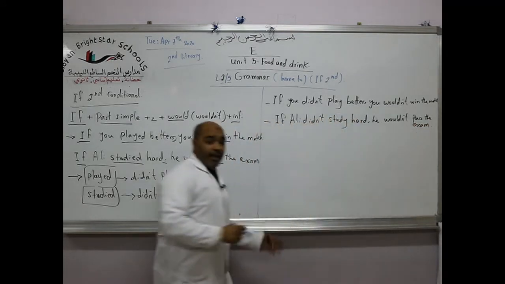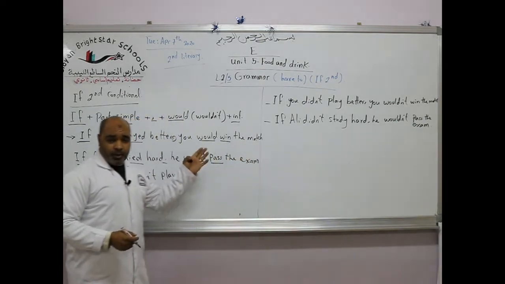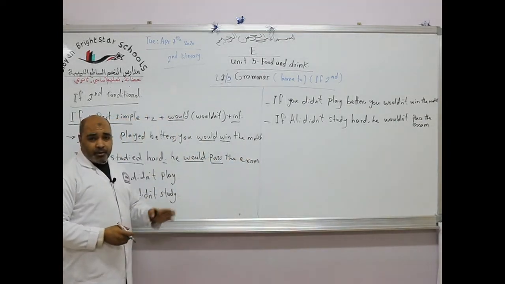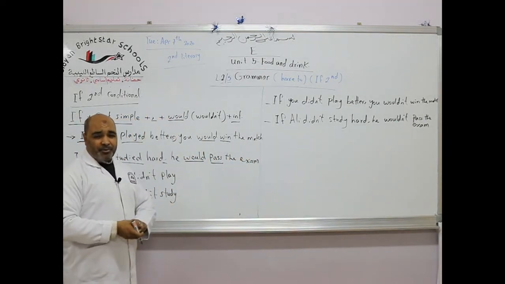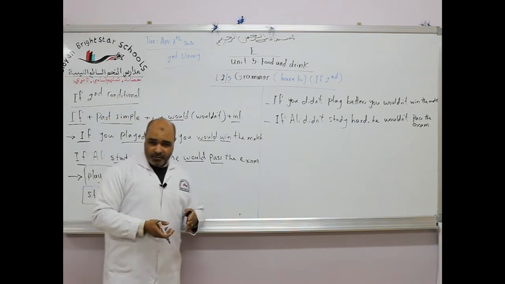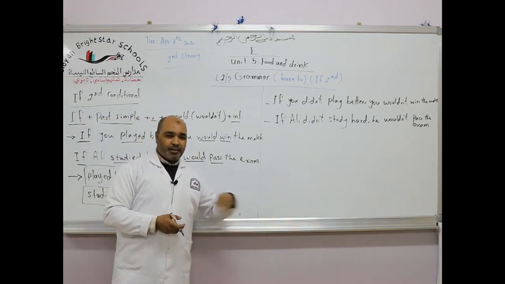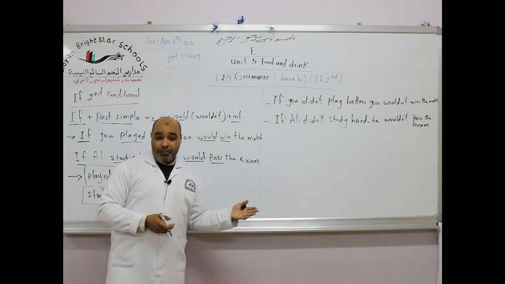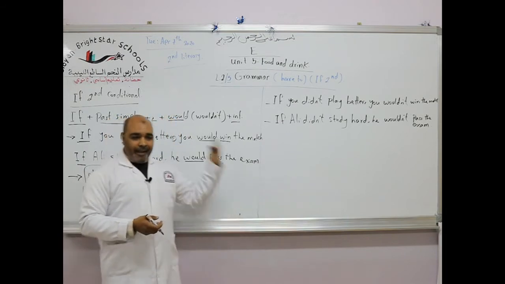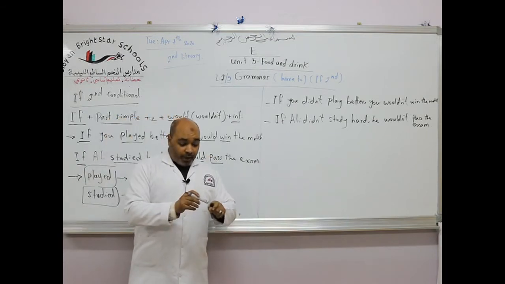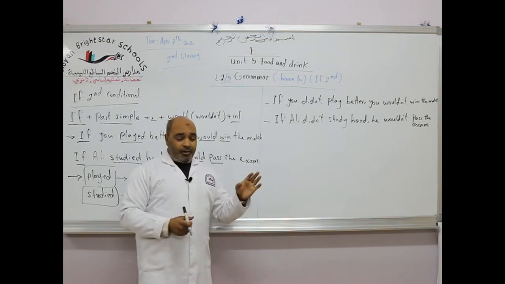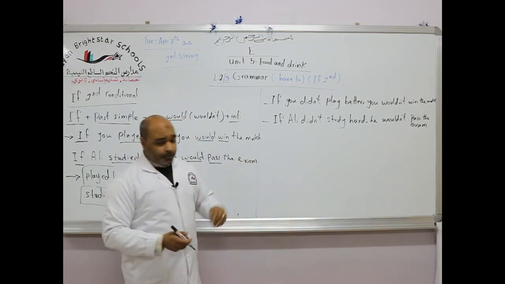We use the second conditional for something unreal or unexpected: if you studied, if you played, if you got up early, etc. We can use the second one with if I were you.